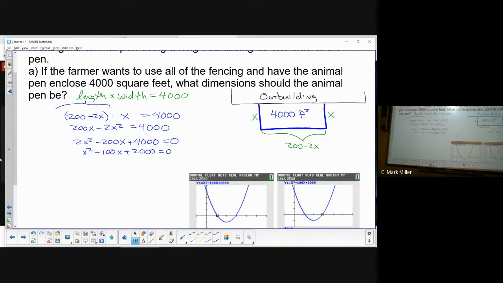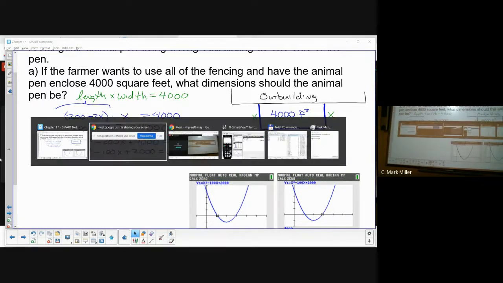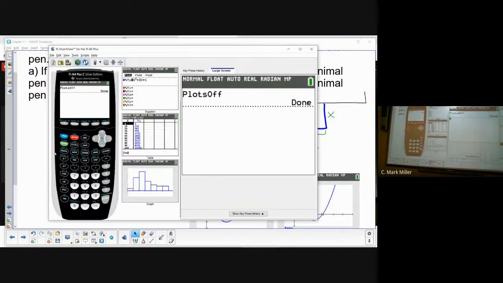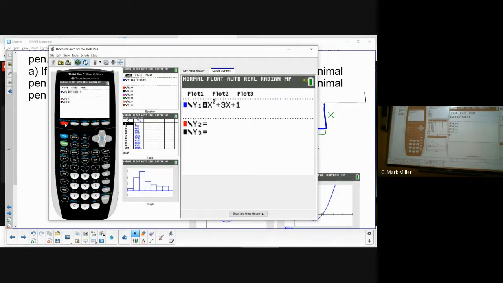Okay. Now, what we want to do is we want to solve this. We can plug it in the quadratic equation, right? Get answers that way. Another way we could do this is with the calculator. Now we're talking. So let's go up here to our calculator.